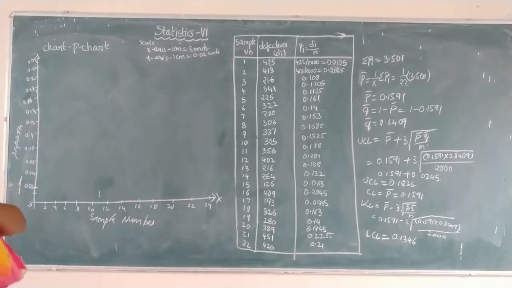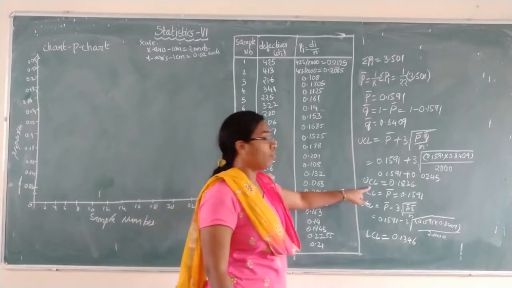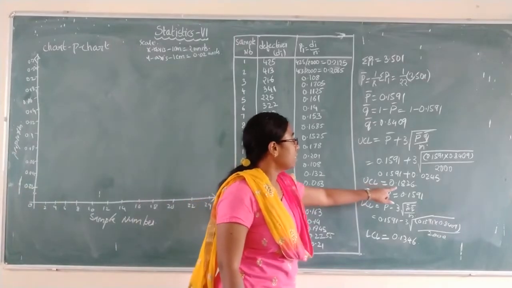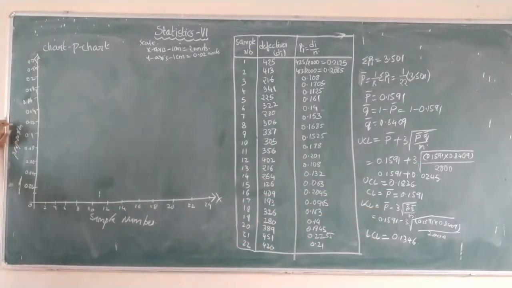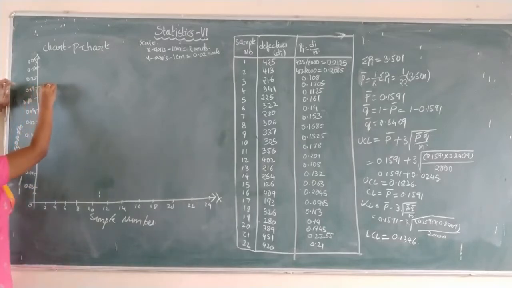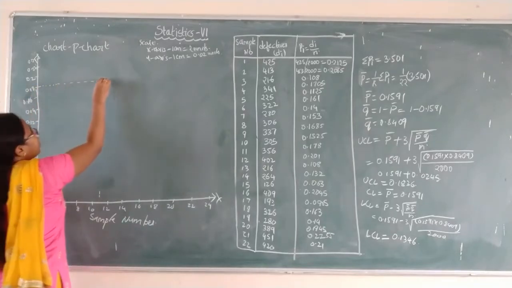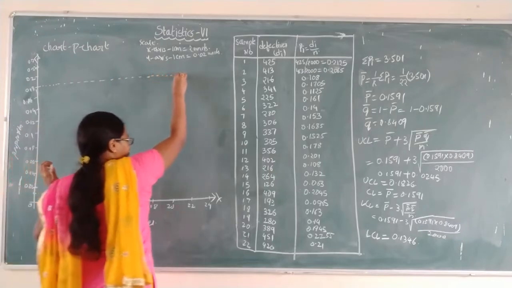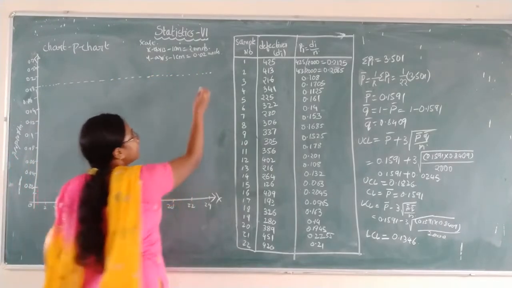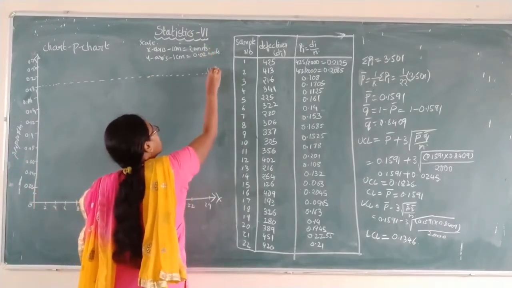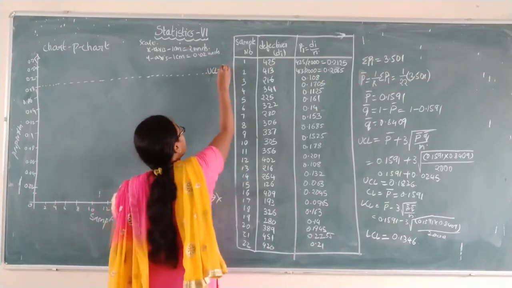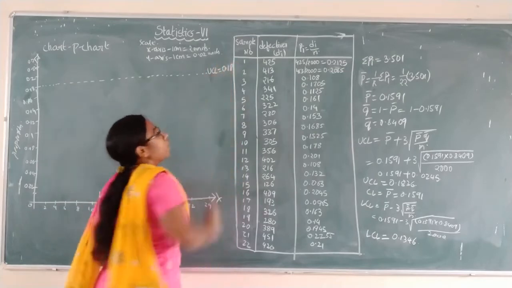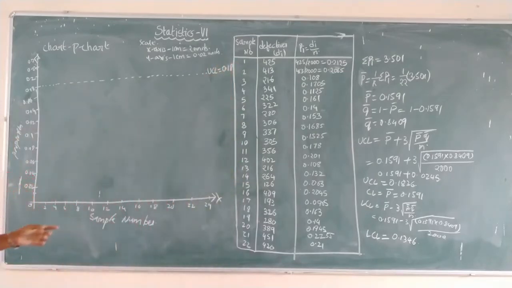First, what will we plot? We will plot the value of UCL. UCL is 0.18, so draw a dotted line there. Write UCL equals 0.18. Next, coming to the CL.